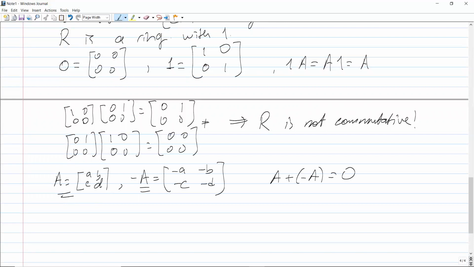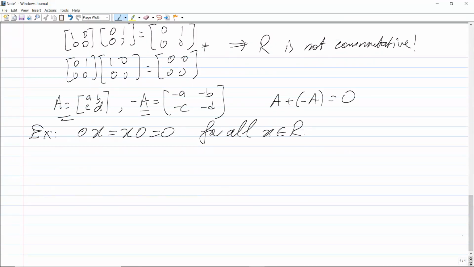Okay, those are the examples. Here are some properties of rings. Let me continue with an example. Let's show that 0 times x is equal to x times 0, which is equal to 0 for all x in R. If you take any x in R, multiplication by the 0 element gives 0.